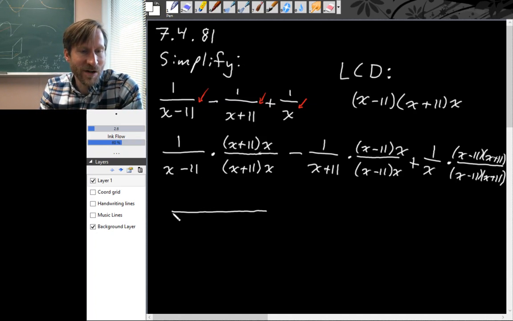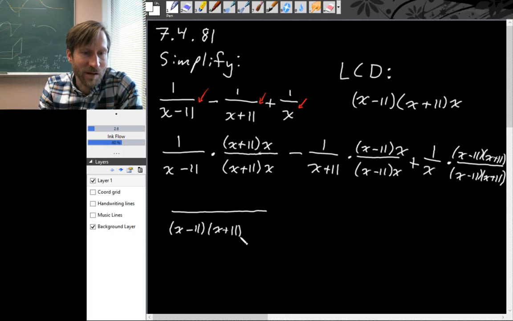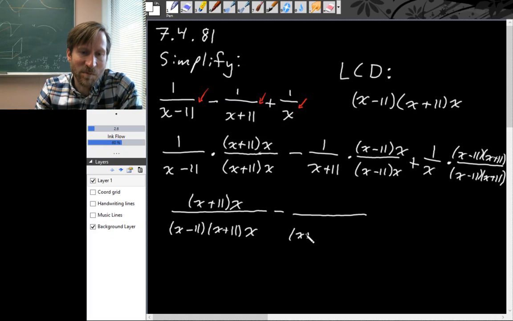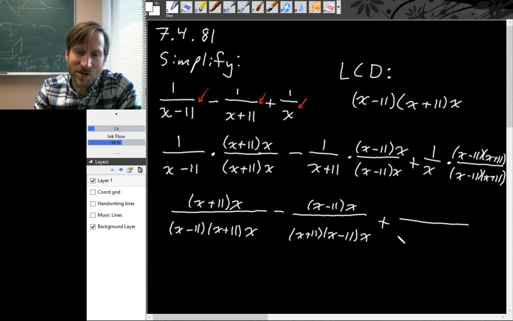So in the first denominator, we get x minus 11 times x plus 11 times x, and in the numerator, x plus 11 times x times 1, minus, in the second term, the denominator is the x plus 11 we started with, times x minus 11 times x, and in the numerator, 1 times x minus 11 times x, plus, in the final term, the x we started with times x minus 11 times x plus 11, and in the numerator, 1 times x minus 11 times x plus 11.